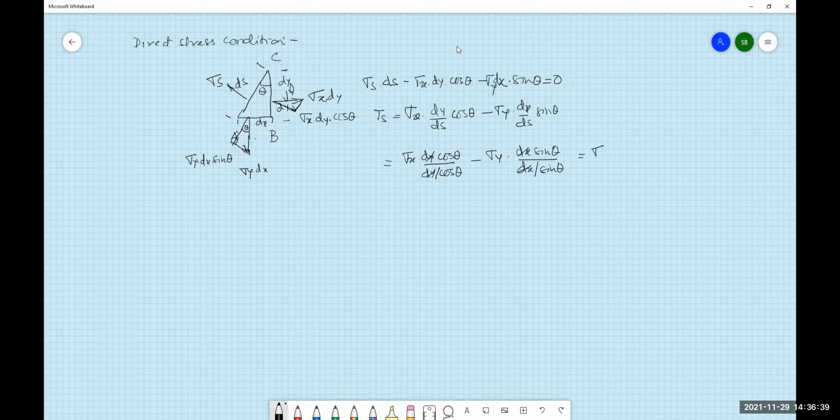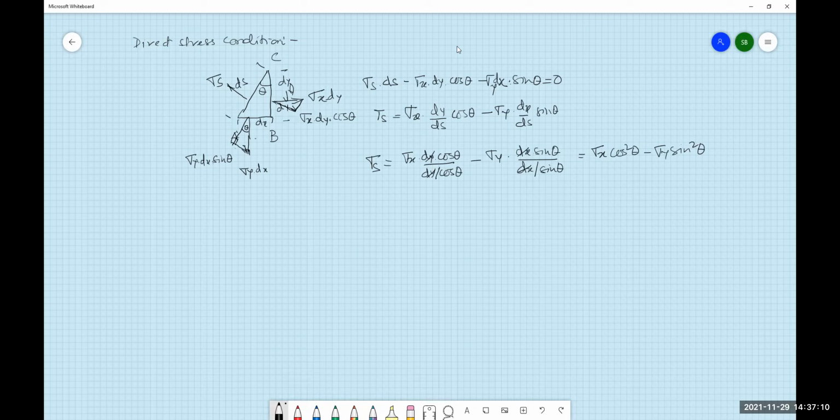So this becomes sigma x cos square theta minus sigma y sin square theta. So that is the sigma in terms of sigma x, sigma y.